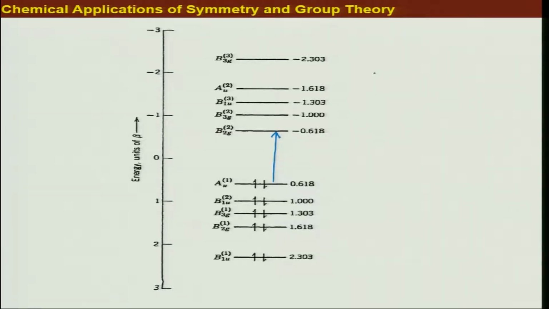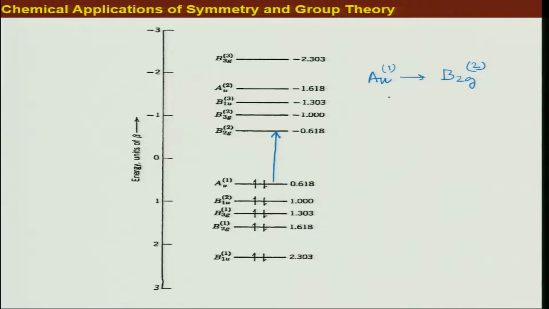That means I am talking about a transition from AU, which is also marked as 1, because there are orbitals with the same symmetry. So to differentiate them, things are marked by this superscript 1, 2, 3, and so on, in the order of increasing energy. All right. So if I have a transition from this AU1 orbital to the B2G orbital, then that will give me the lowest amount of energy.